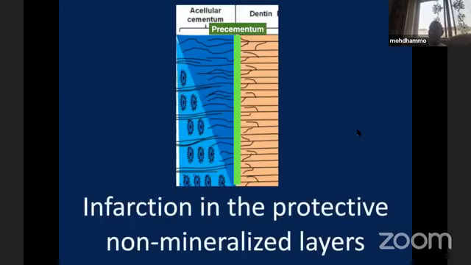And let's go back to cervical resorption. Remember, we talked about two layers which protect the dentine, the predentine from inside and the precementum from the outside. So if anything happens to the precementum, like injury or infection, this protective non-mineralized layer will be damaged.